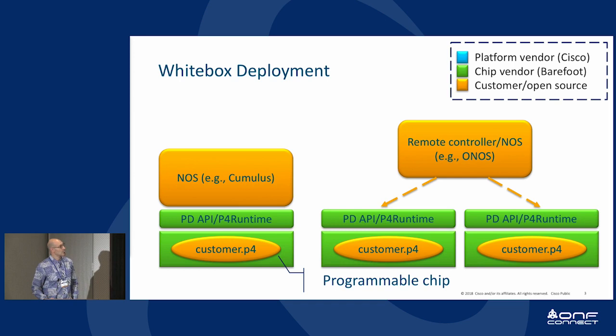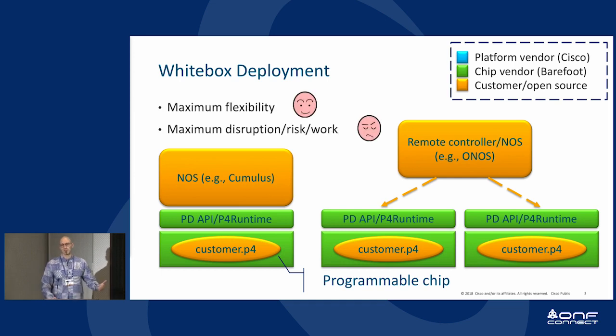This gives a lot of flexibility because we can change the pipeline and have the features we want, but it also provides a significant disruption with respect to what most users of network devices are accustomed to.